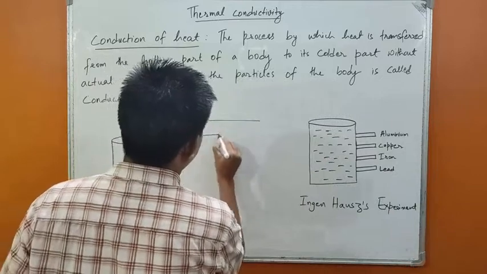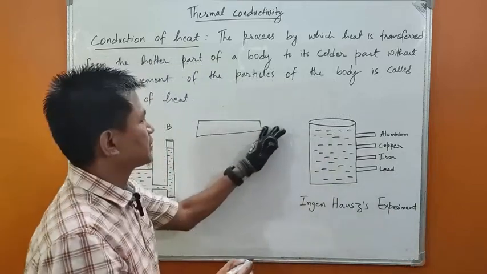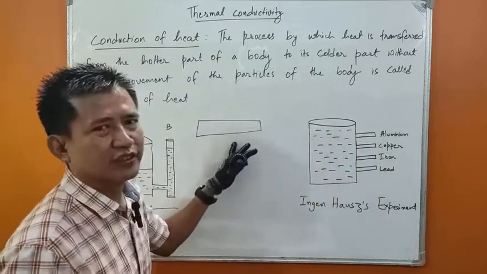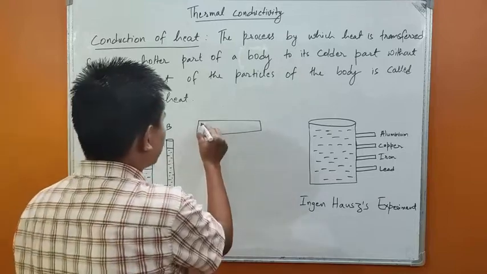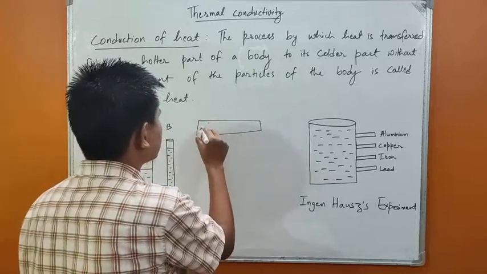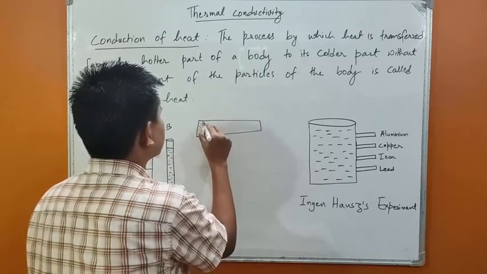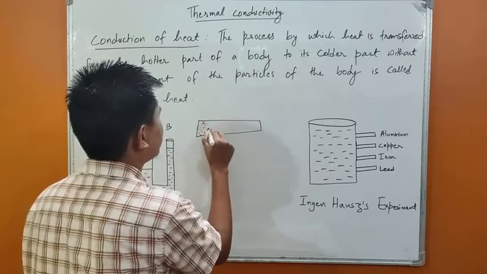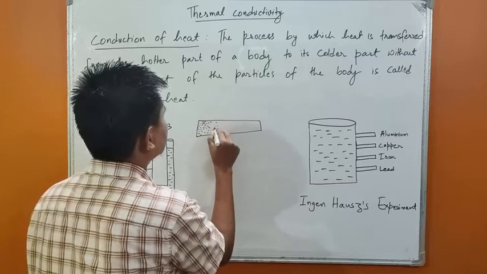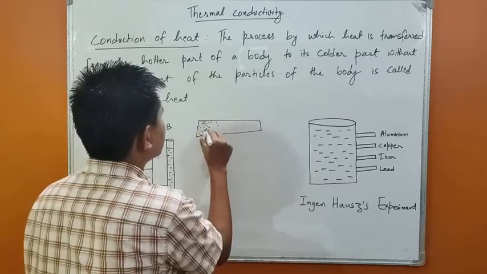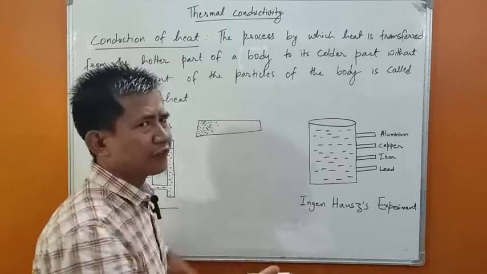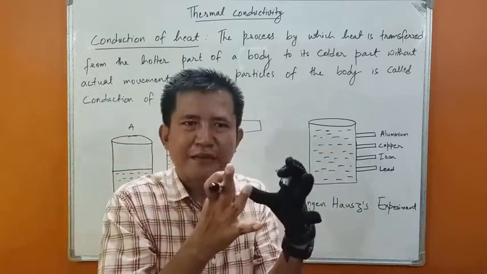Okay, we know that, let us assume this is a metallic rod, okay? This is a metallic rod. Now we know that every metal is a solid, and solid is also composed of molecules. Are you getting me? Solid is composed of molecules, and these molecules in solid are very tightly packed.